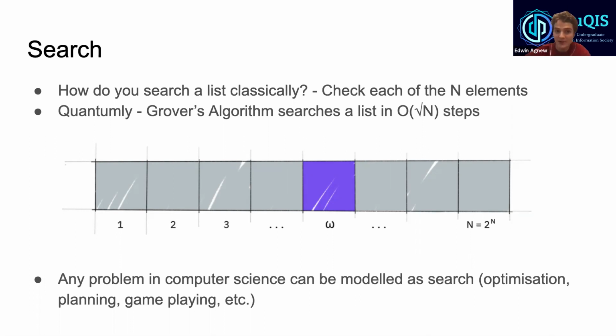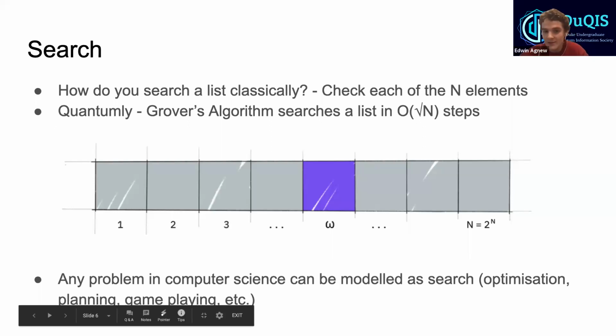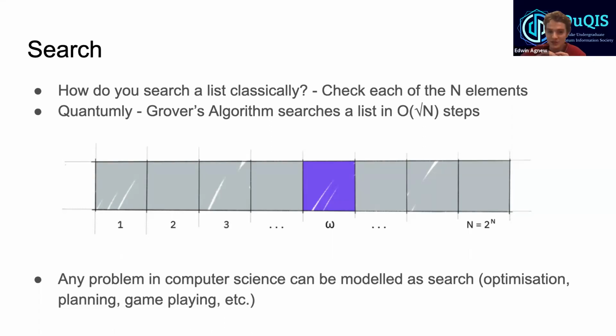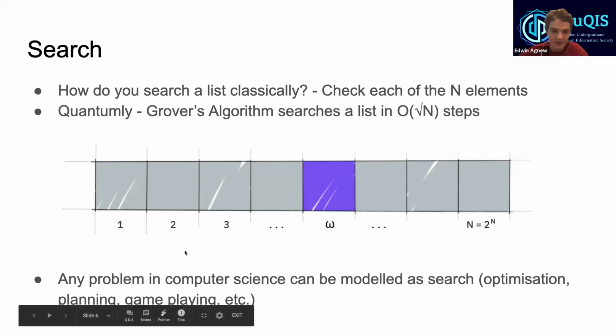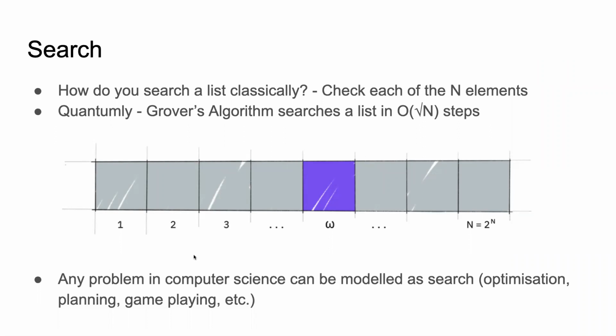On a quantum computer, however, you can actually do this in square root of n steps, which sounds crazy, and it is, because the way it does it is by quite literally looking at every single element in the list at once, and then performing a couple of steps which make sure that you get the right one at the very end. And so you can see that it's relying on a completely different approach from the classical computer.